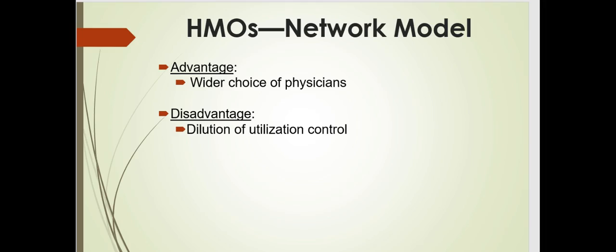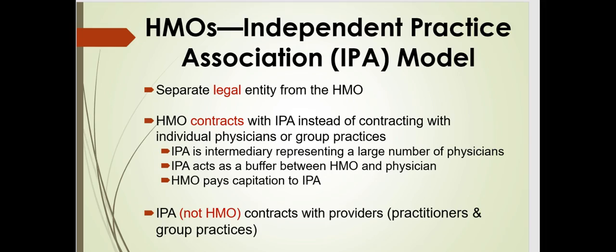Now, the next model is the Independent Practice Association model that I will be covering. With this model, an HMO contracts with an organization, the Independent Practice Association, that is separate from the HMO.